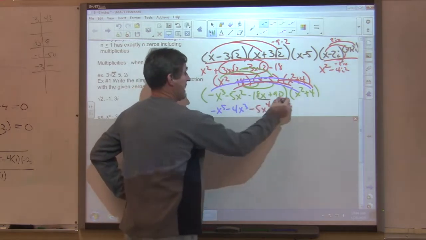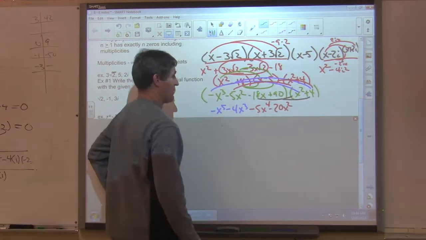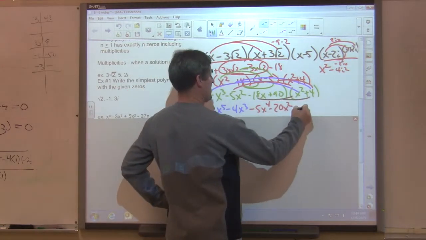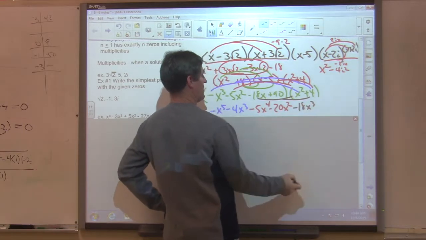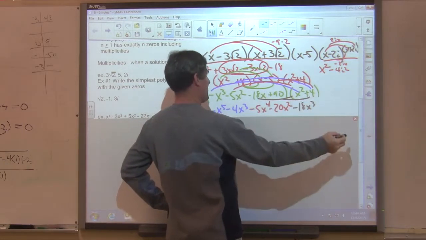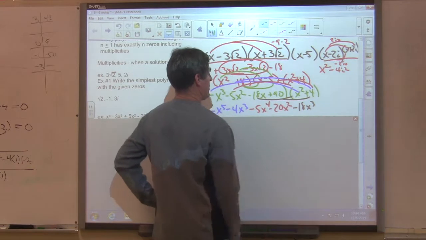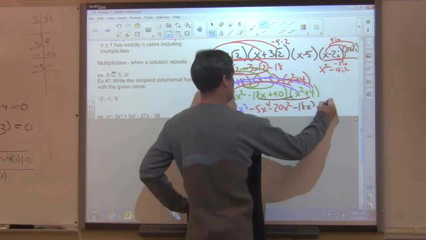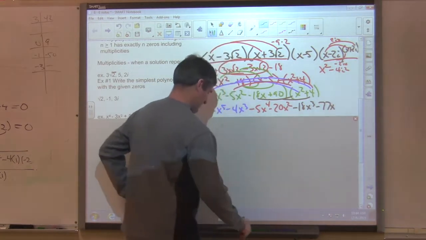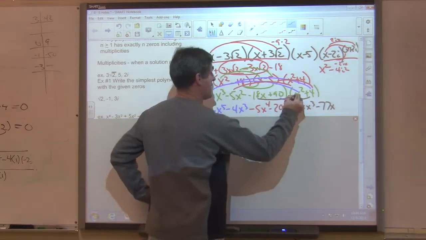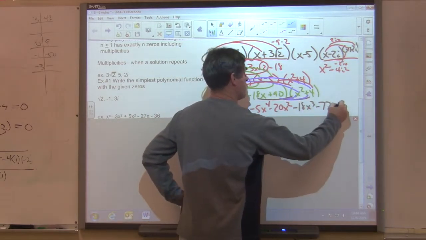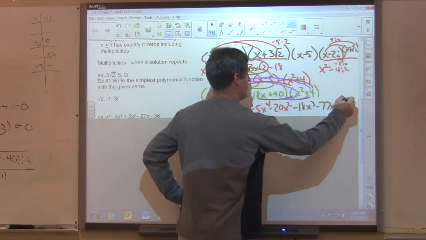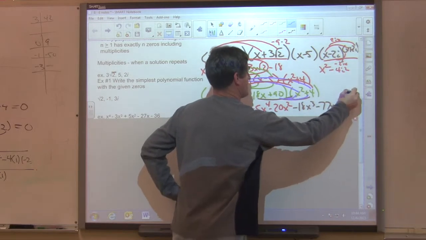And then we'll take negative 18x times both, so a negative 18x cubed, and a negative 18x times 4 would be negative 72x, and then lastly 90 times both, so 90x squared plus 360.